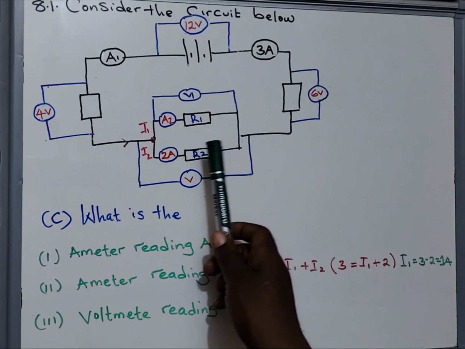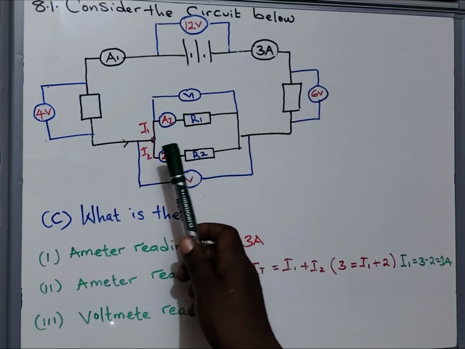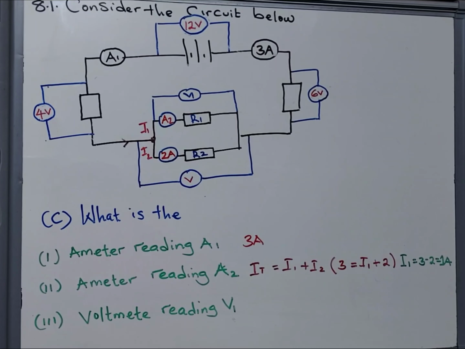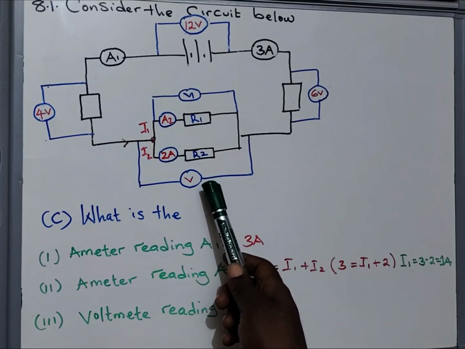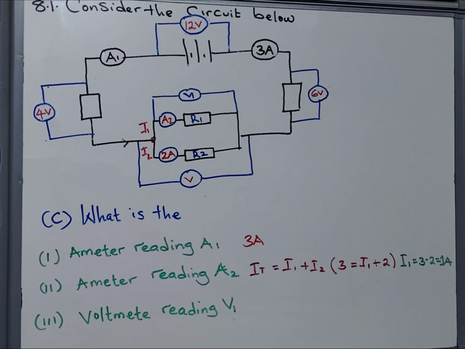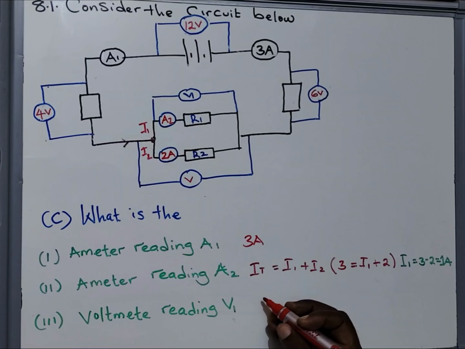And we found it already. We saw that the PD across the parallel network is 2 volts. Here we have to know that the reading of V1 is the same as the reading of V. So the answer is 2 volts.